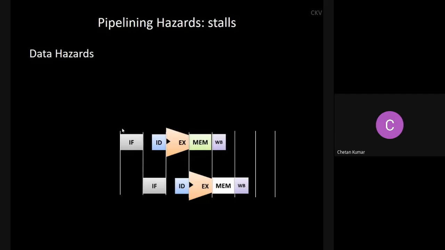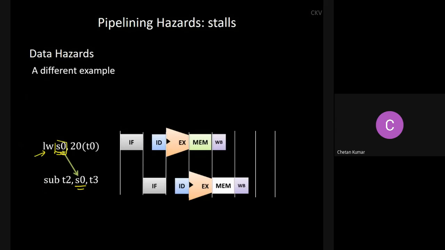But there are some data hazard cases where forwarding alone will not work. An example of that is when you have a load followed by a data dependent instruction. S0 is basically the destination register in the case of load, and that is being used as source in the next instruction. The problem in this scenario is: when will the S0 value be ready?